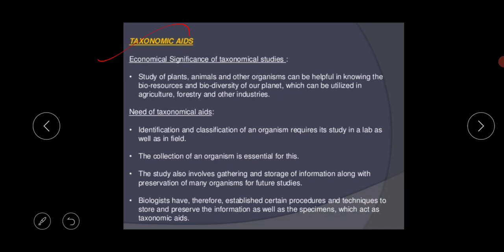Actually, both laboratory and field studies are required for study and correct identification of species. What is the meaning of it? Already we have categorized the species based on their characteristics, like we have put all the animals based on their classification and characteristics.